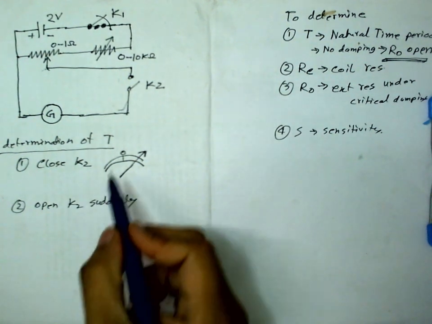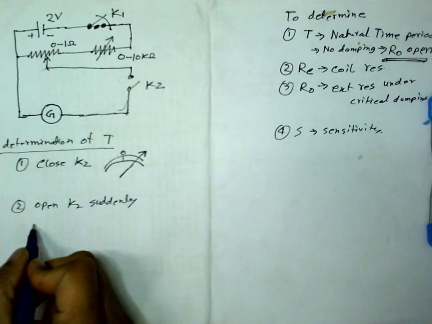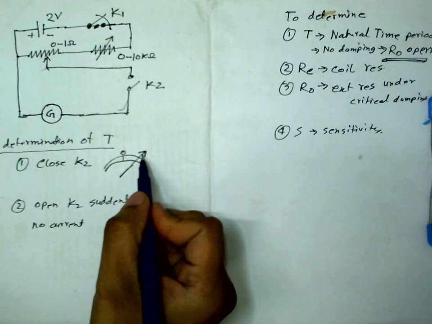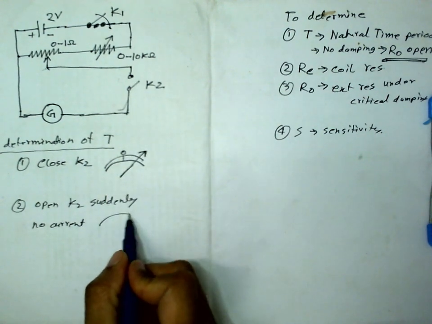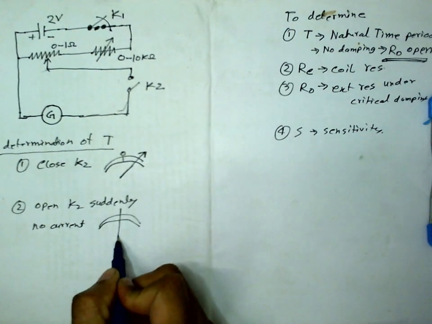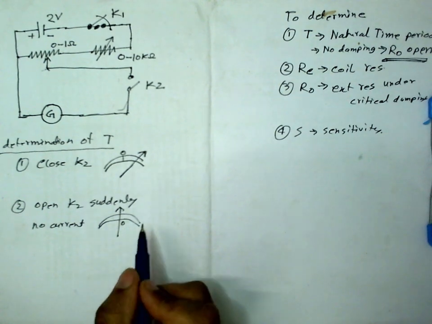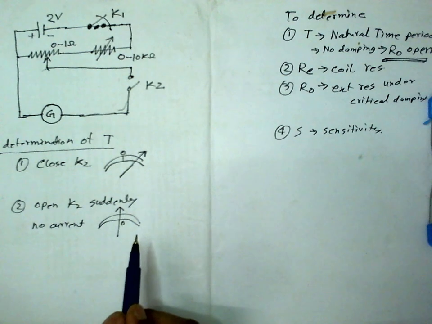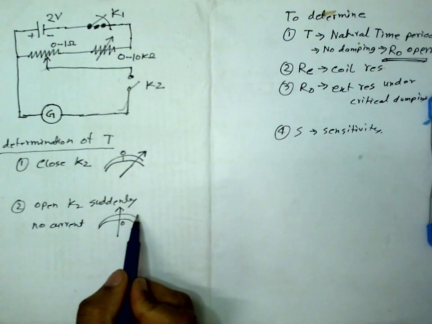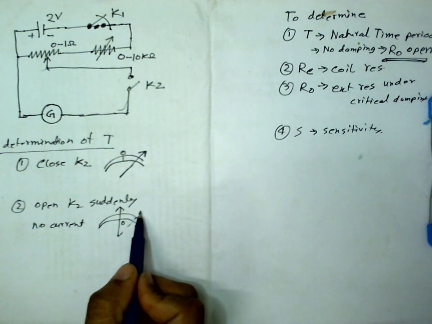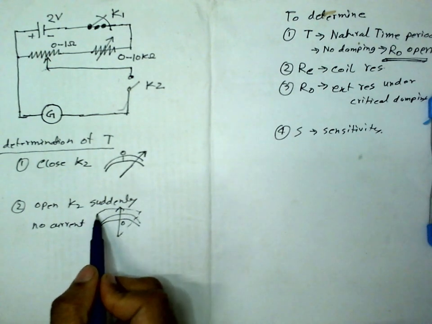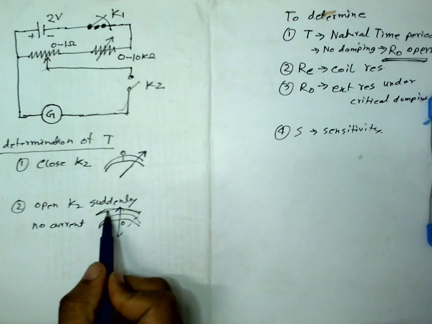So then what will happen? There is now no current. So which means this pointer should come back to its 0 position, because now there is no current at all. But now what will happen, when it comes from here to here, it can overshoot. It can overshoot, come back, and again it can oscillate.